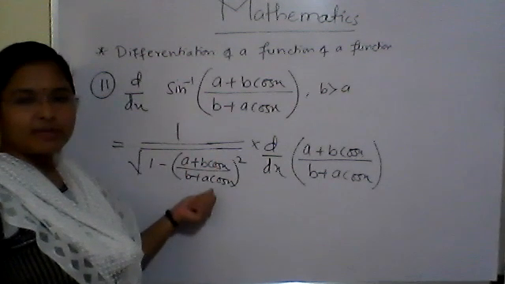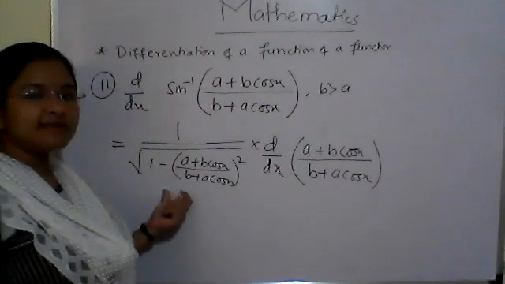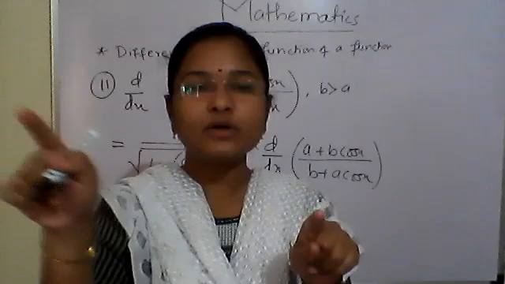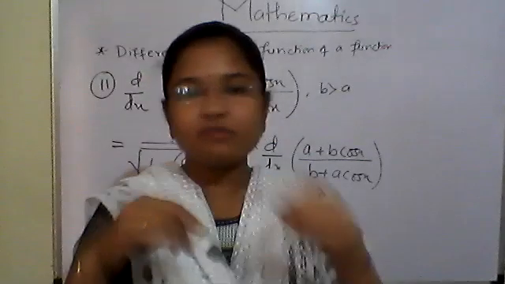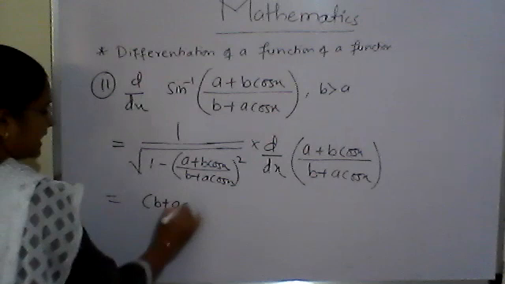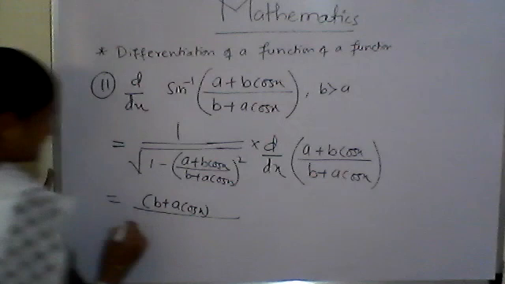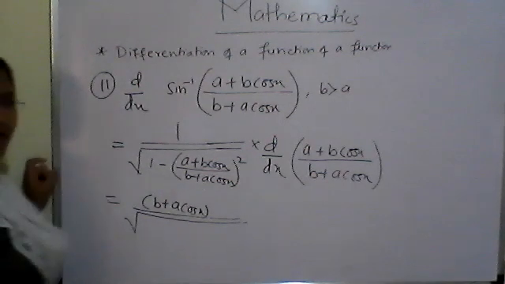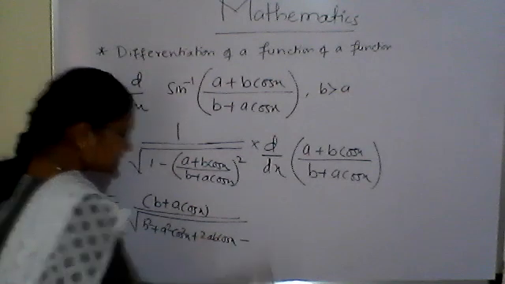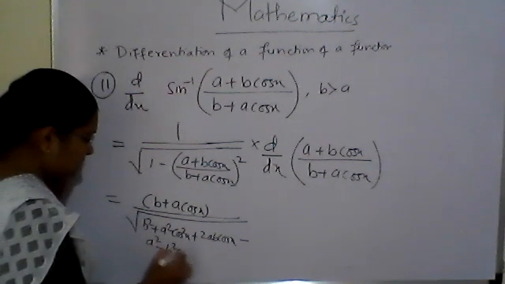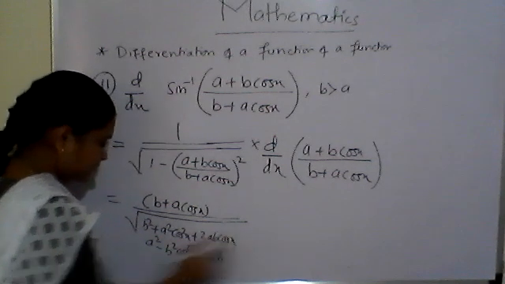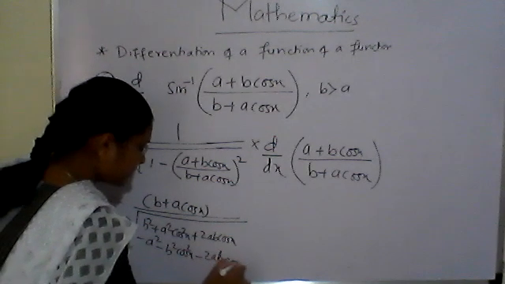So if we cross multiply, here also square of (b plus a cos x) will be there, and this square is in the square root, so it will be cancelled, and denominator will be numerator, so it will be equal to b plus a cos x whole thing divided by square root of, now b plus a cos x, its square will be b square plus a square cos square x plus 2ab cos x, minus b square cos square x, minus 2ab cos x.